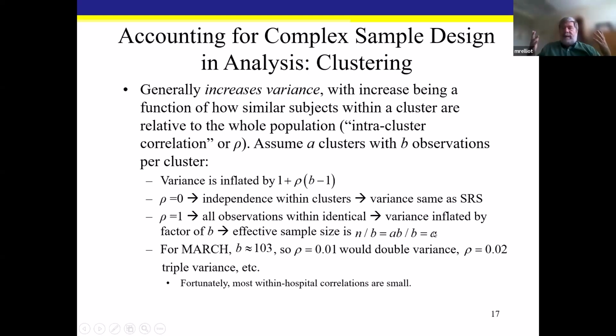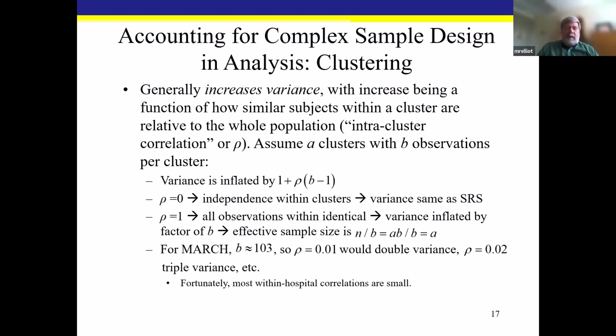So if we had some crazy variable that for some reason was identical for all women in a given hospital, then essentially our sample is basically just the 10 hospitals now. That's the only place where there's variance to understand. So that variability is based on those 10 hospitals.